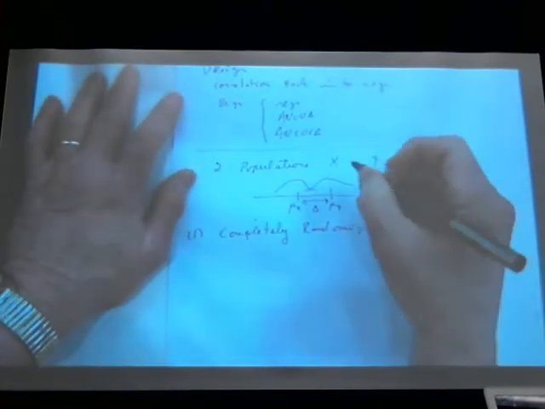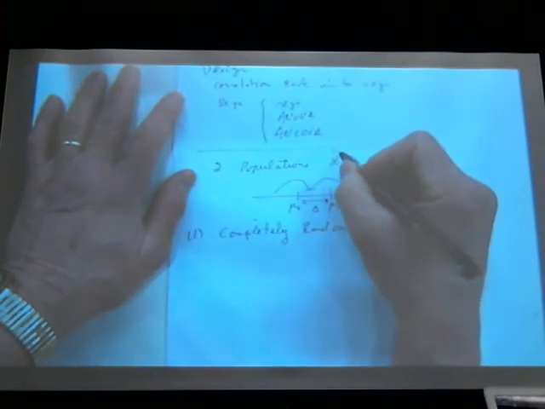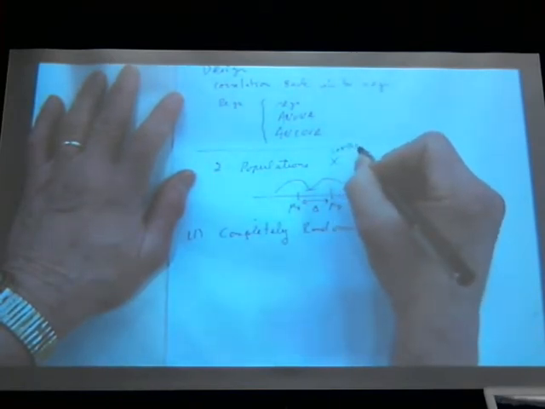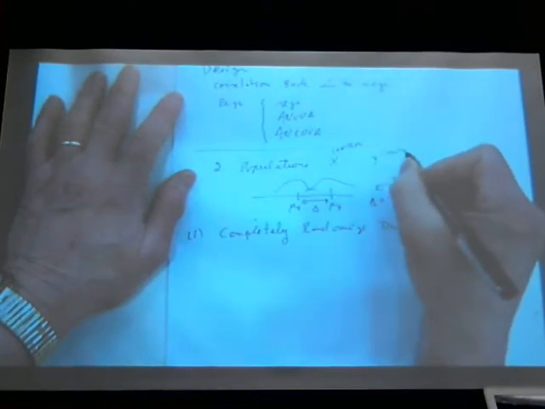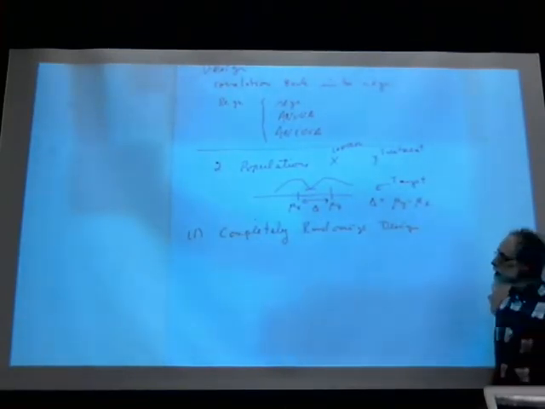Now you can think of X as control or treatment one, it doesn't really matter. Why don't we just use control and treatment? Bigger is better. So CRD is what?